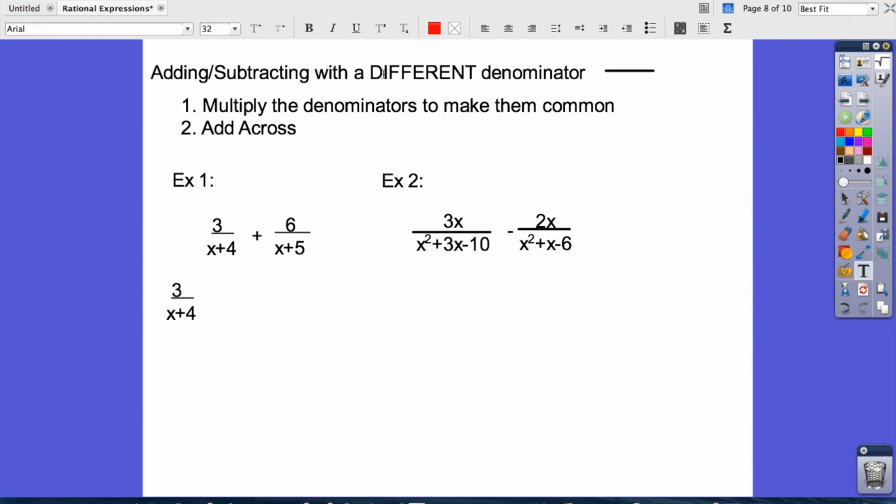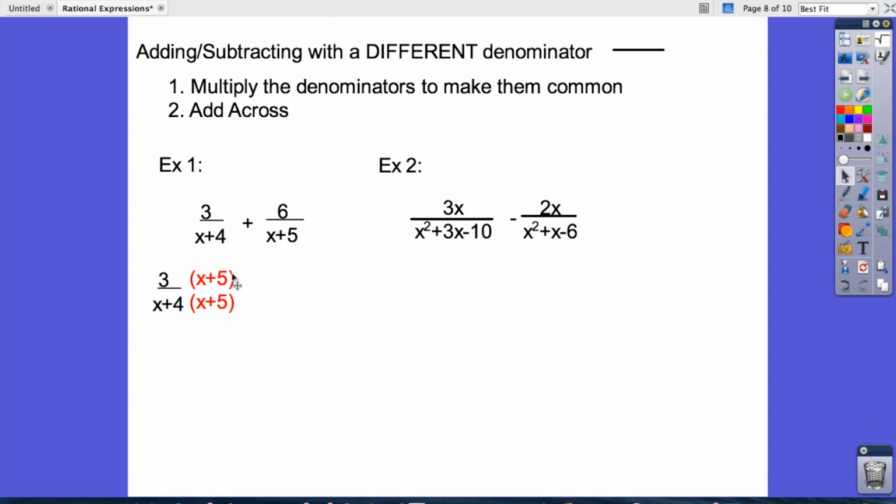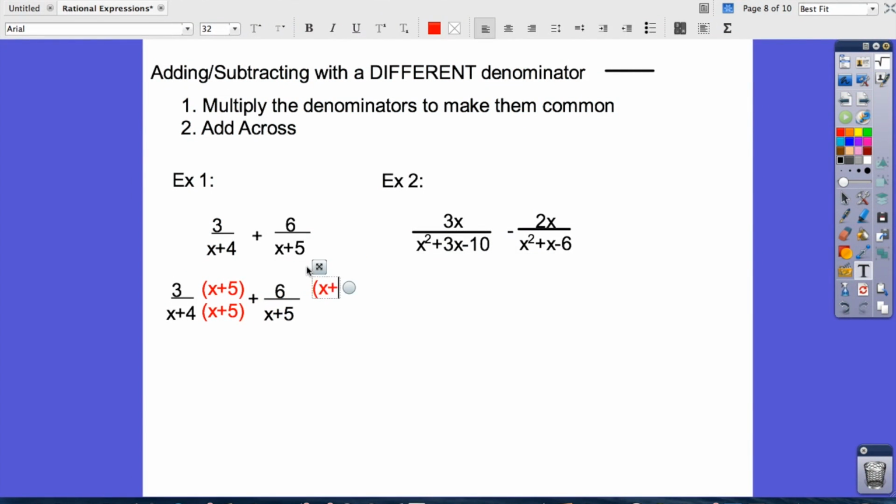So notice I'm changing the colors so you see where the difference is. So this is x plus 5 times x plus 5. Then we're keeping the addition. We're copying the entire side here. And we're multiplying by x plus 4.